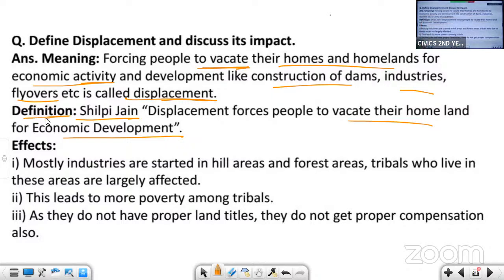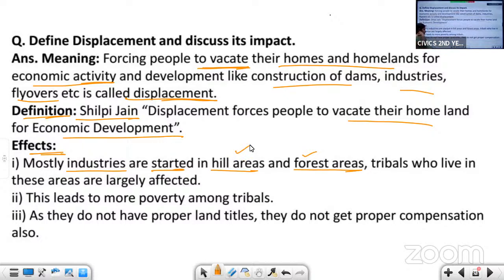Now let us see the effects of displacement. What are the effects? What happens? Mostly industries are started in hill areas and forest areas. When the government wants to set up new industries, they will try to set them up in hilly areas and forest areas, away from the cities.